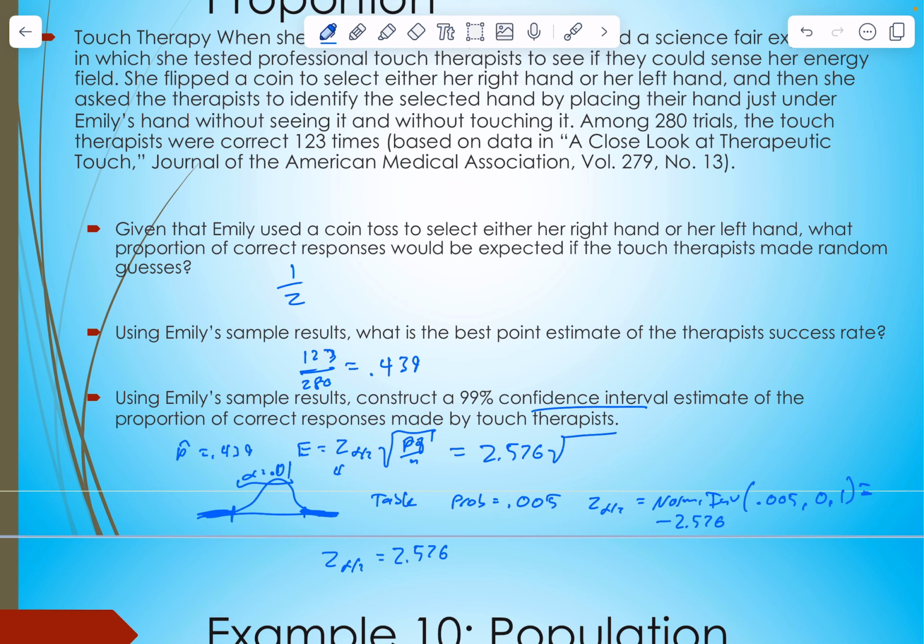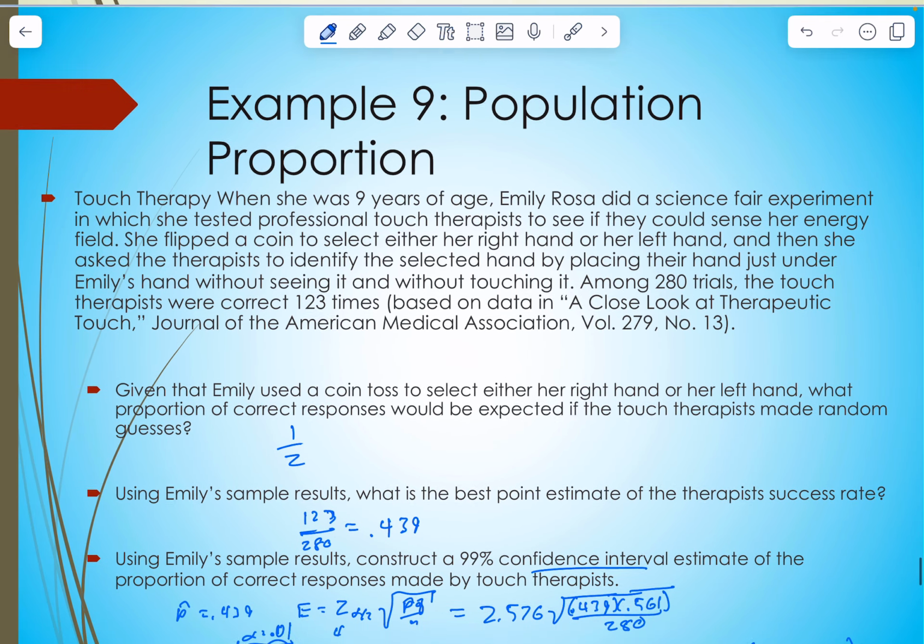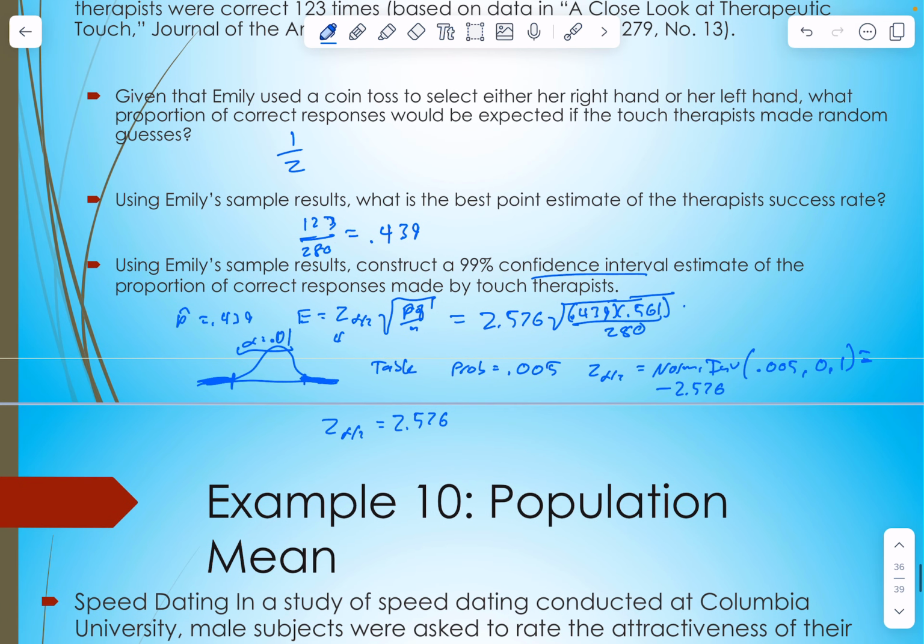And so I'm going to get 2.575 times the square root of p hat is 0.439, q hat is 1 minus 0.439, which is 0.561. Divide that by 280, and that's my margin of error.